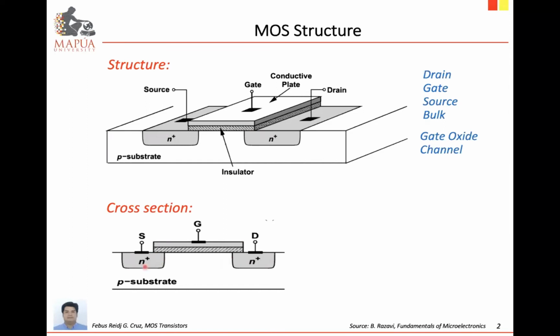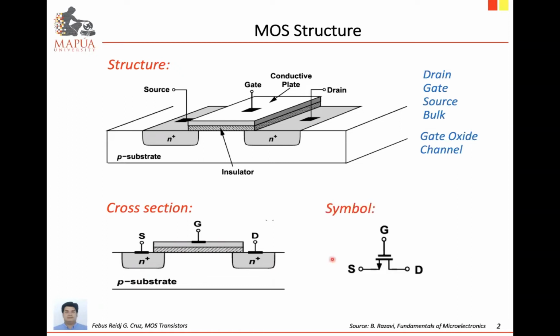On top, you have the insulator gate, and then the conductive gate layer. At the bottom, we have the transistor bulk or body, which is the P substrate.